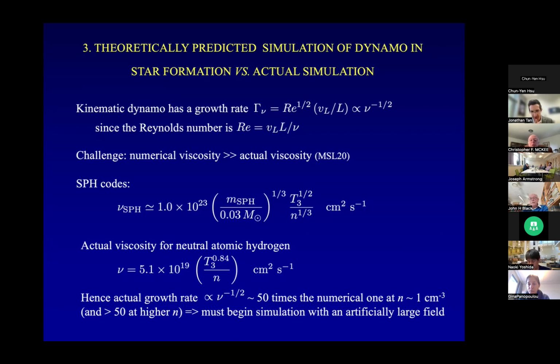But the size of your disk depends on whether you have the field or not. Is that right? We did not actually make that comparison, so I don't know. My understanding of fragmentation in these kinds of simulations is that it's disk fragmentation, generally.